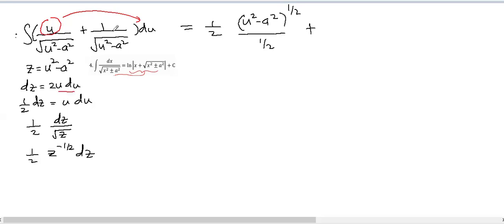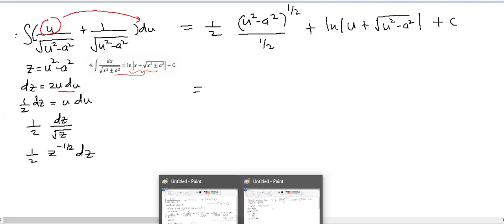And then plus, so ito, we use this formula, ln, absolute value, u, and then plus, ano yung radical natin? Kung ano yung radical, open lang natin. So, square root of u square minus a square, and then plus c.